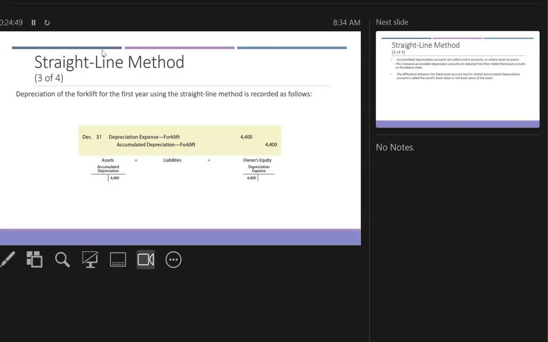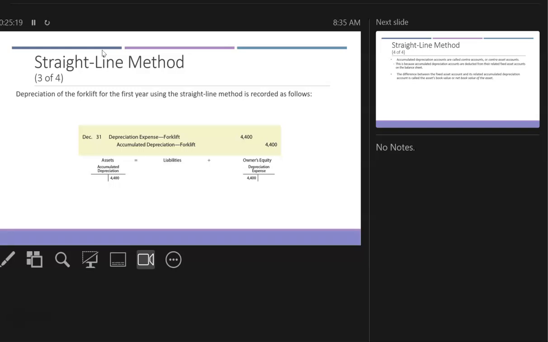Depreciation on the forklift for the first year is shown as a debit to depreciation expense and a credit to this contra account called accumulated depreciation forklift. We don't actually offset the asset because we want to know what is the original price we paid for that asset.